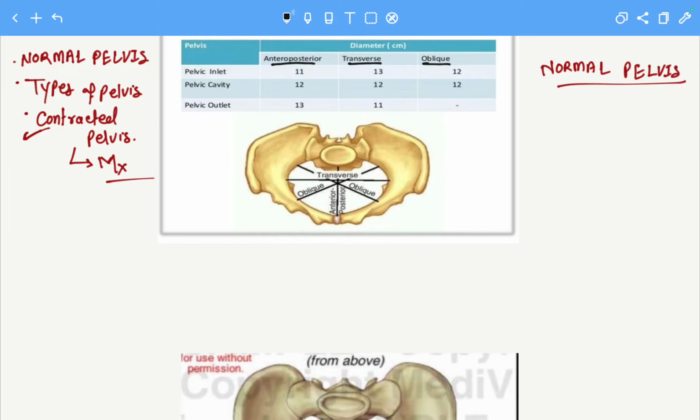Okay, so the first one is the anterior posterior diameter. What is the anterior posterior diameter? This one is the anterior posterior diameter.